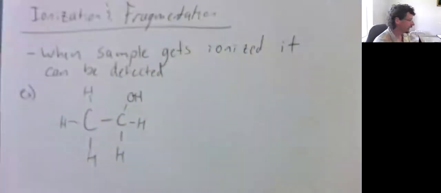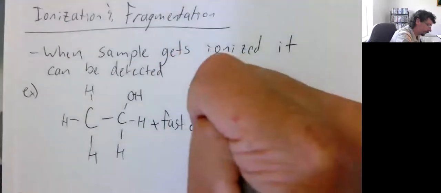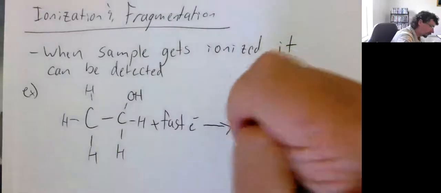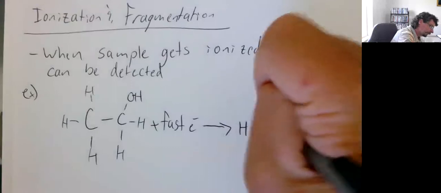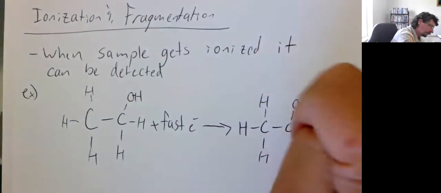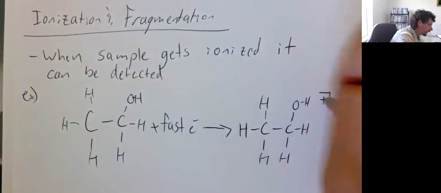And if we hit it with a fast electron, what will happen is we'll knock off one of the electrons in this system and we'll create a charged species, CH3OH with a positive charge.